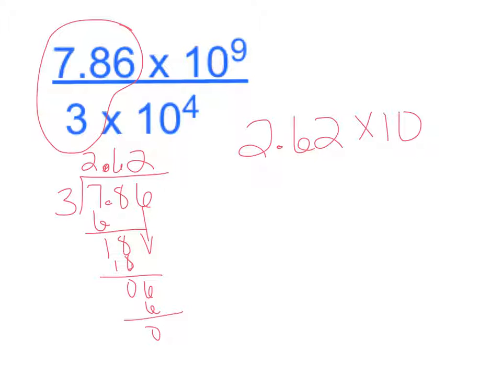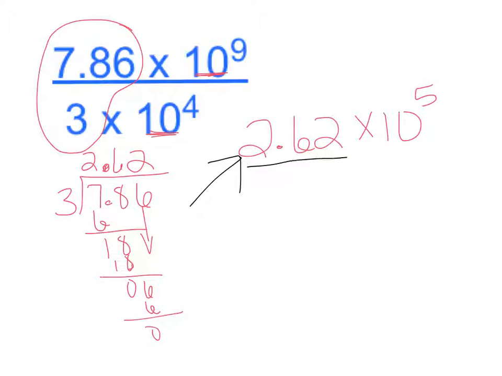Now, with multiplying numbers with the same base, we added the exponents. What do we do when we divide numbers with the same base? We subtract our exponents. 9 minus 4 is 5. Now we think we're done, but remember, always look at your answer and see if it fits the rules for scientific notation.